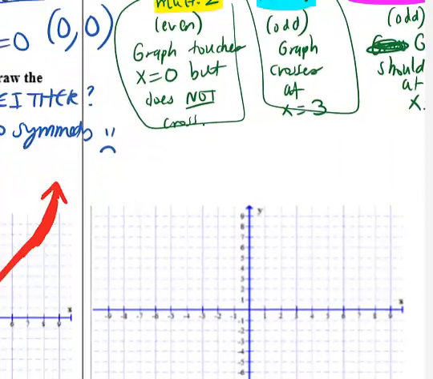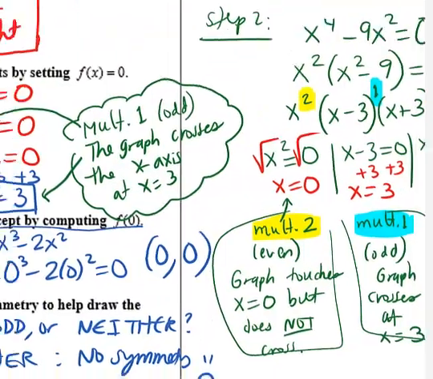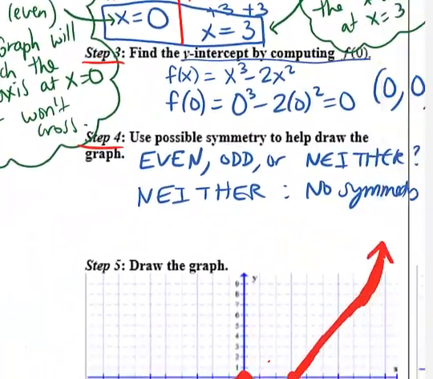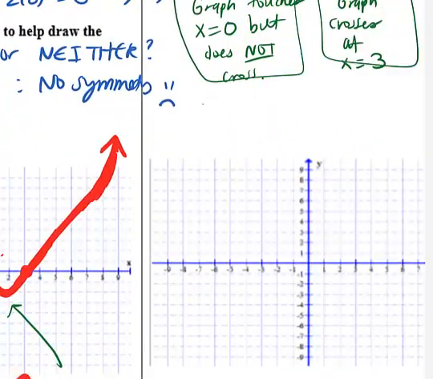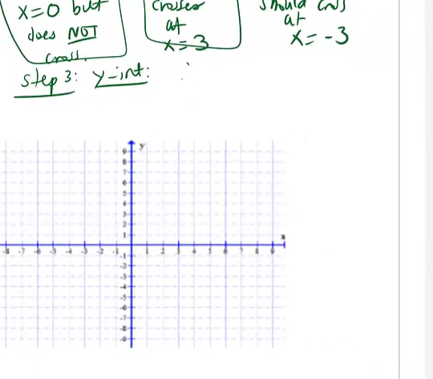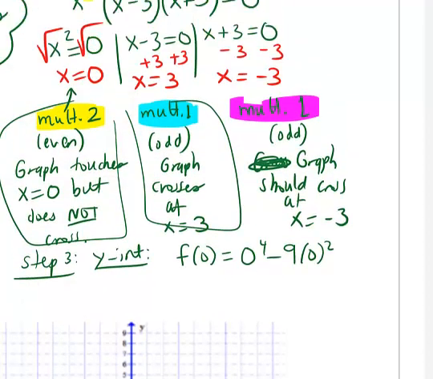Alright, and then I think the next step was the y-intercept, is that right? Let's see. Step 3. Y-intercept, and that you find by substituting 0 in the function. So it's x to the 4th minus 9x squared.